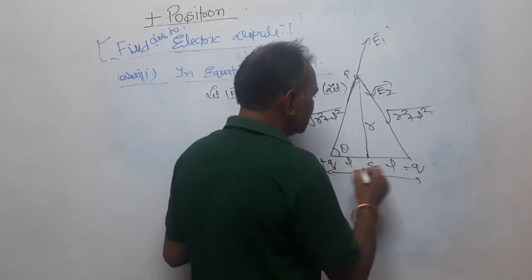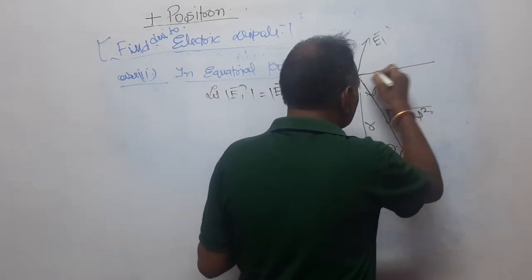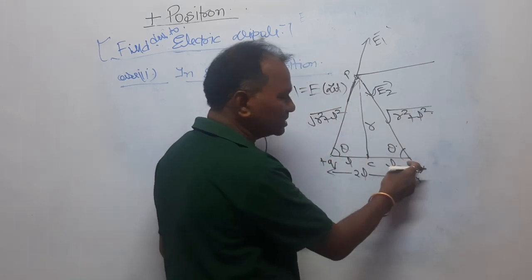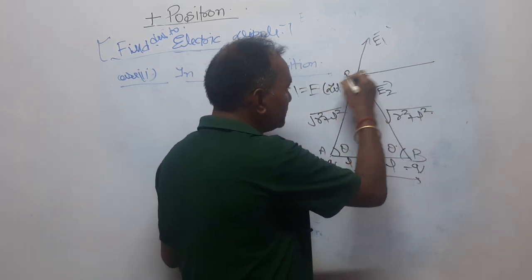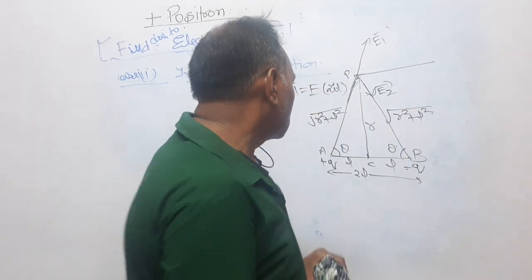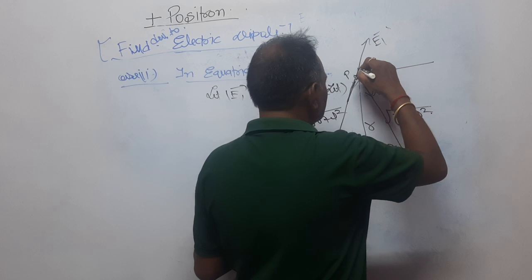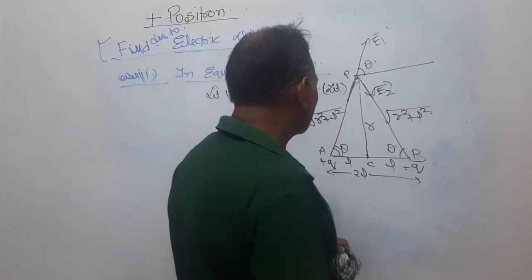This angle, let it be theta. Now, I am just drawing a line parallel to AB, joining point P. If this angle is theta, then this adjacent angle will also be theta.